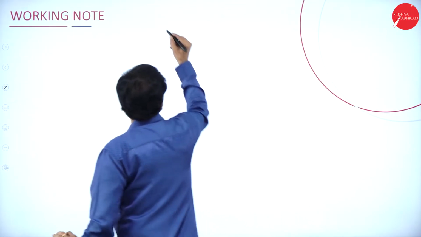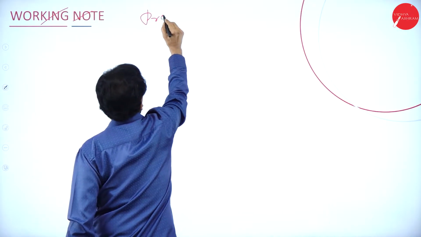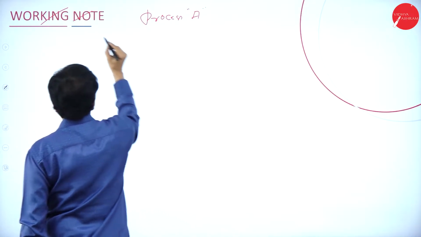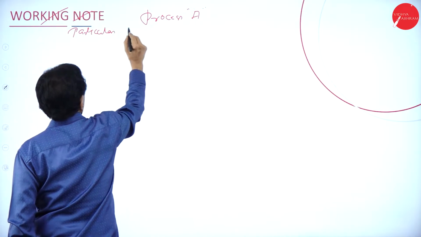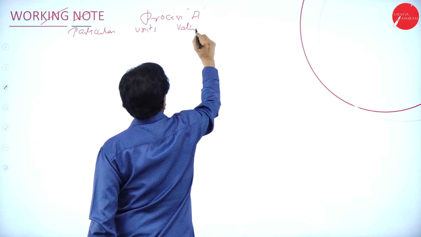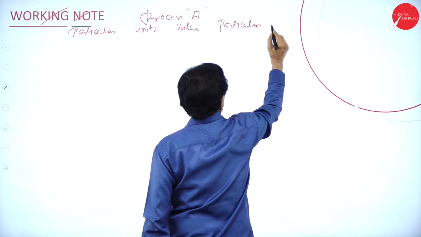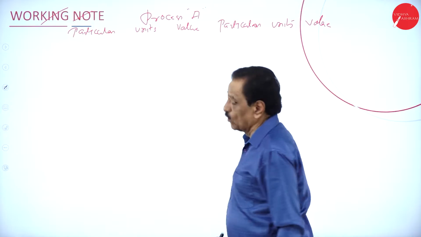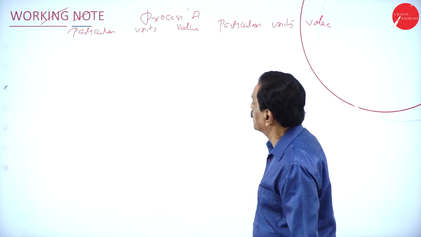We'll go to process A. Particulars, units, value. Particulars, units, value. So, how many units have been introduced here? 3,000 units.